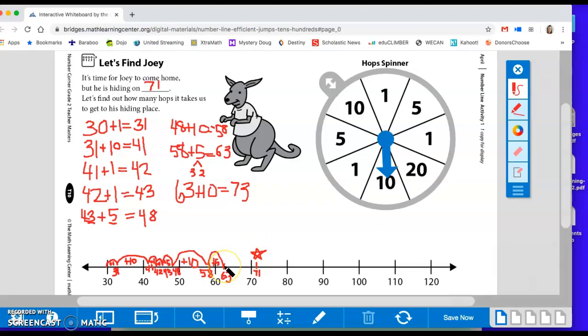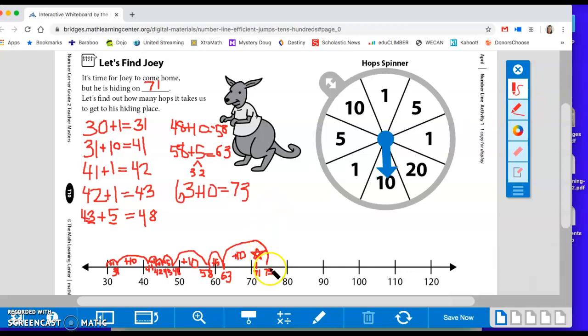So actually in this point, I went over the hiding spot, 73, and I plus 10, but then I would need to roll.